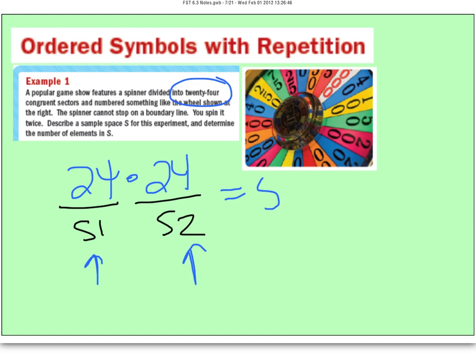Multiply these together, there's 576 different outcomes in the sample space. I can describe the sample space, I'm just not going to write it all out. So we could have, for example, 250, 250, 500, 250, 500, and 100, 100, and 500. There's 576 different ways you can spin that wheel.